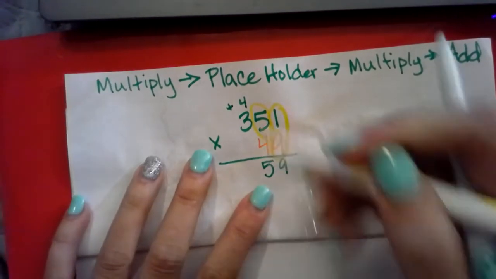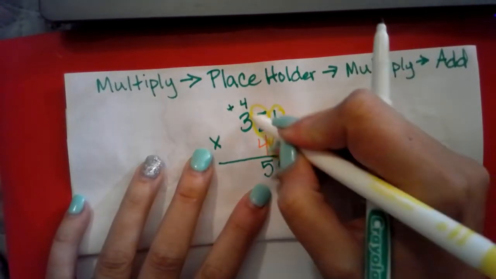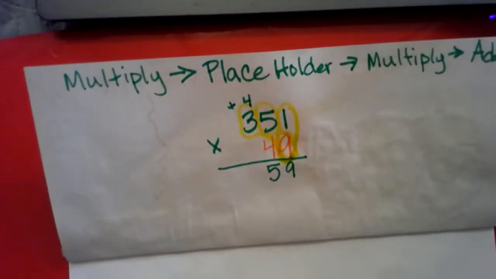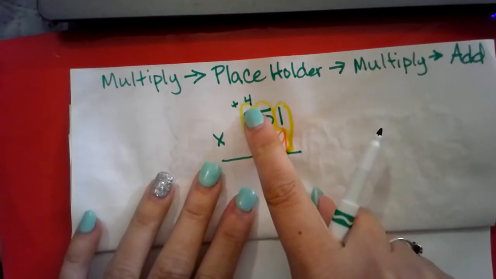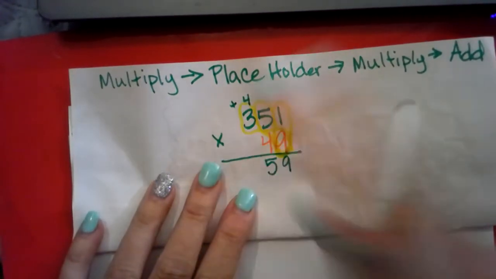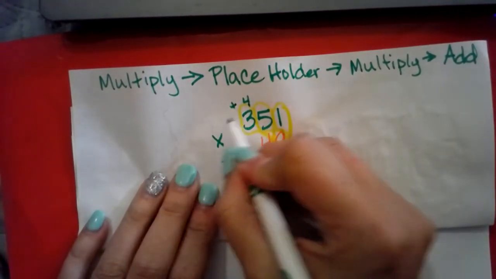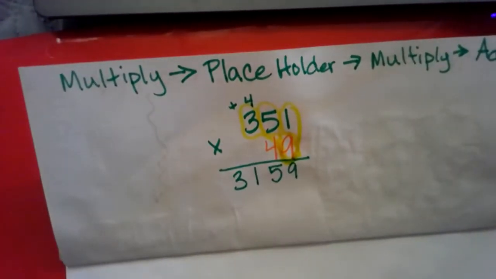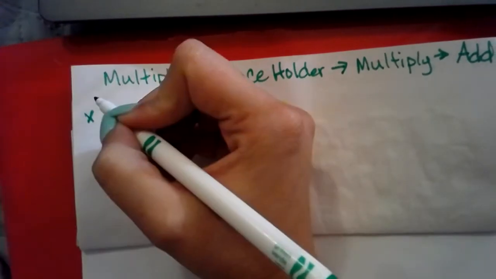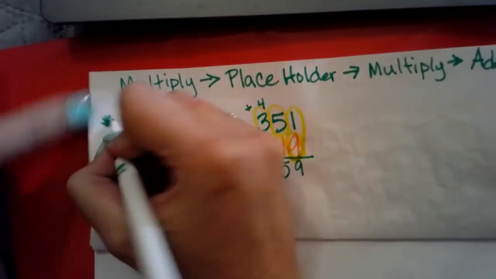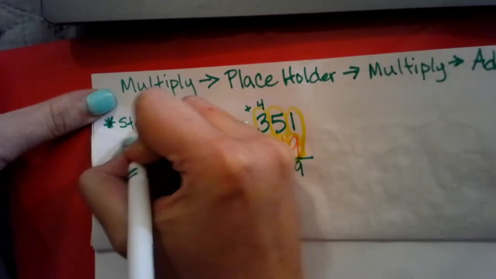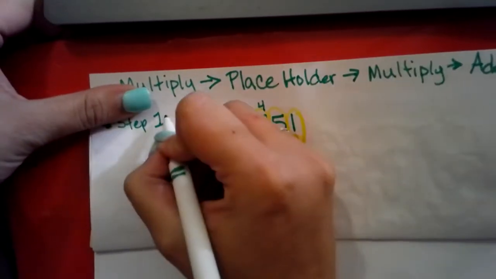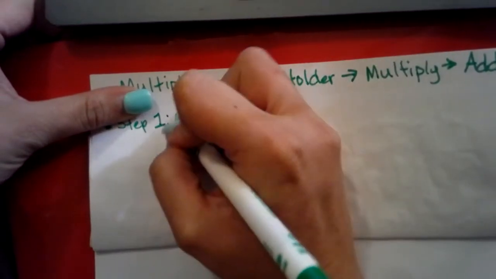And then multiply this 9 times the 3. So 9 times 3 is 27, but don't forget to add your 4, 27, 28, 29, 30, 31. If I carried that 3, it would still fall down, so it's right there. Okay, so first step, so put a little asterisk over here and write step 1. I'm going to multiply.